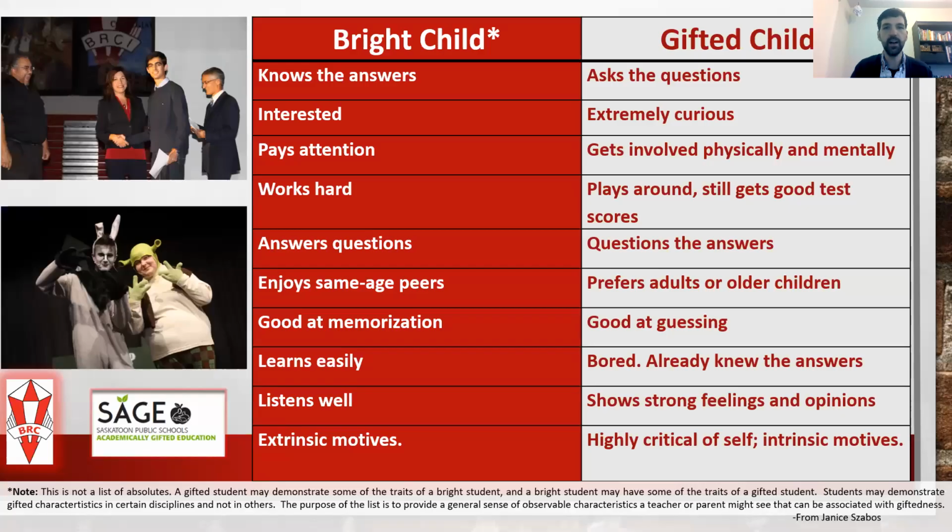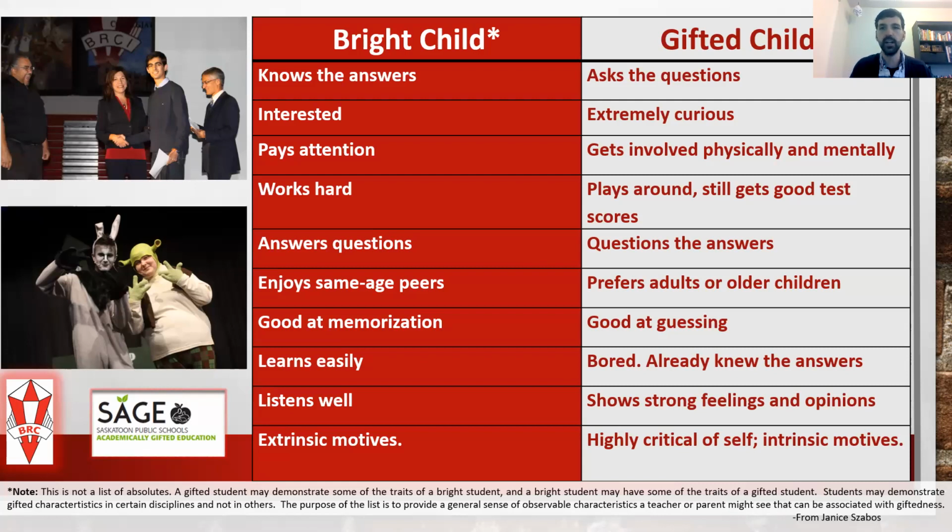So here we go, off into the SAGE learner profile. I always like to start out with this first slide that differentiates for us between the bright child and the gifted child. But in doing so, it's really important that I preface this by noting that this is not a hard, rigid distinction between these two categories.